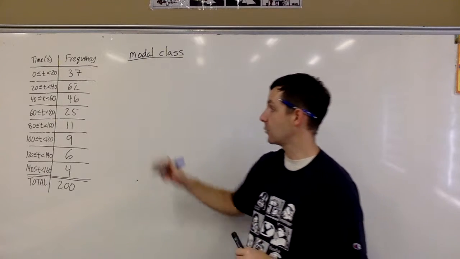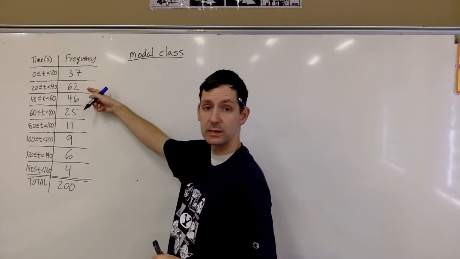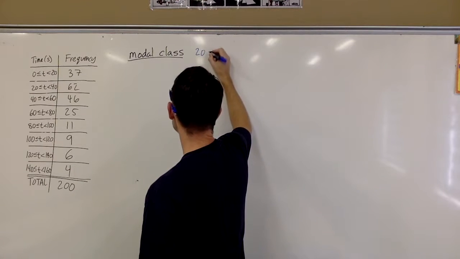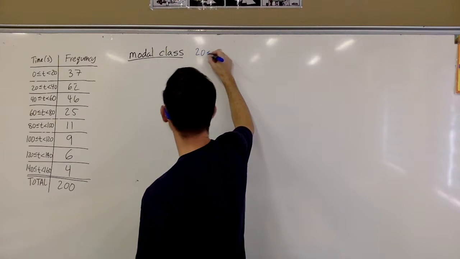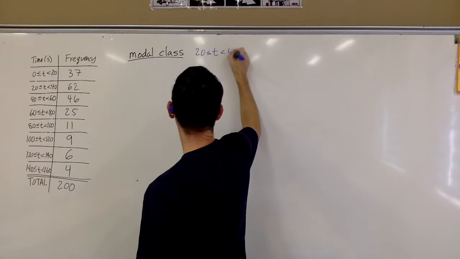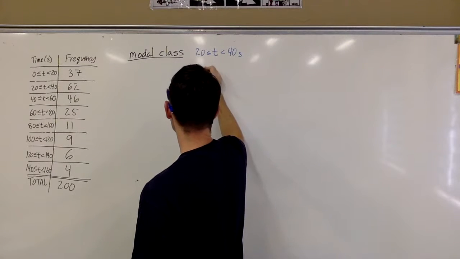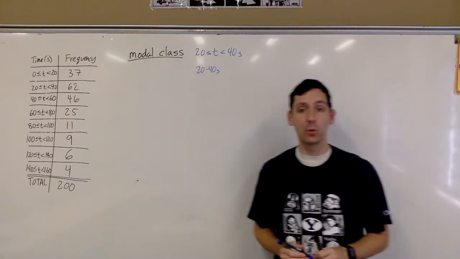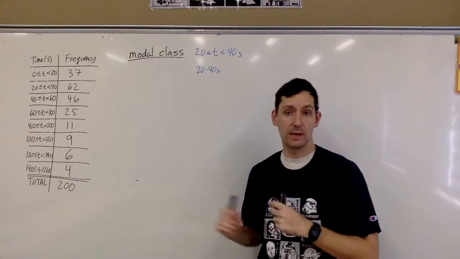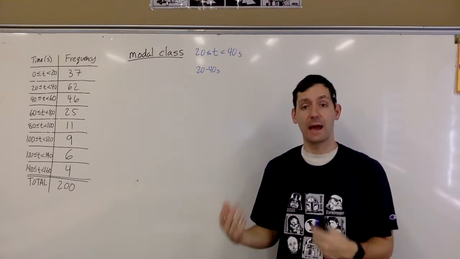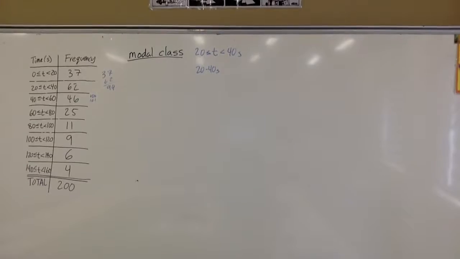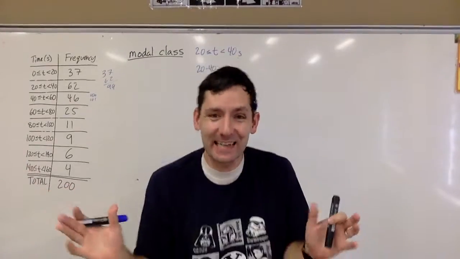In this case, that would be the 20 to 40 seconds. So the modal class would be 20 to 40 seconds. You can write it this way if you want, or you can say 20 to 40 seconds. Any of those would be acceptable ways of saying that the modal class is this one. That's the one that happens most often. So not too bad there.